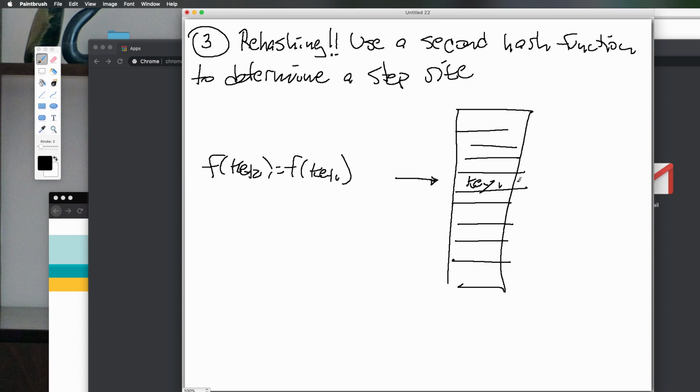We just started skipping by 1. First we'd check over here, and if this was occupied, then we'd check here, and if that was occupied, we kept doing this. We kept stepping by 1. So that would be linear.